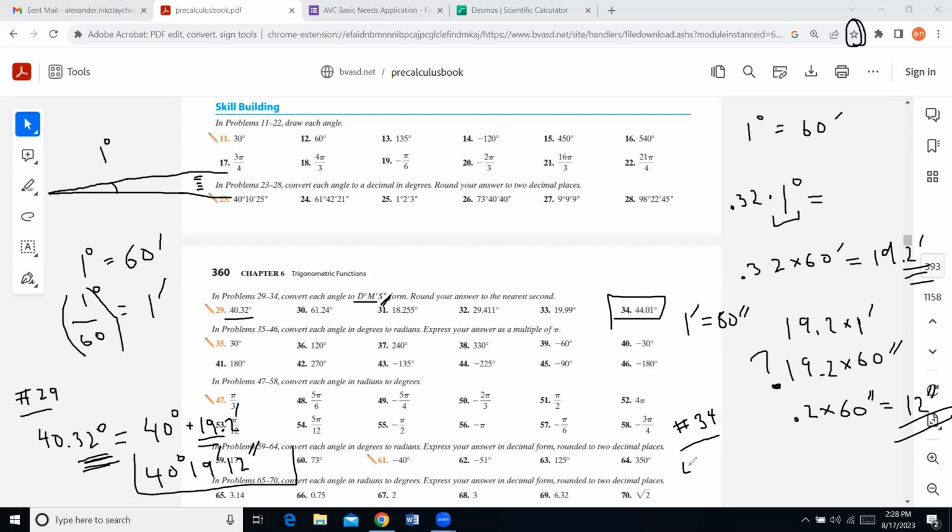So you already know you have 44 degrees. So now what about this 0.01? Well, first you multiply it by 60 and you get minutes. That's what I actually did here. I just did it a little bit slower because I tried to explain why we do this. But it turns out the exercise is pretty much straightforward.